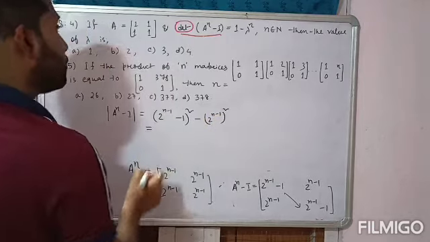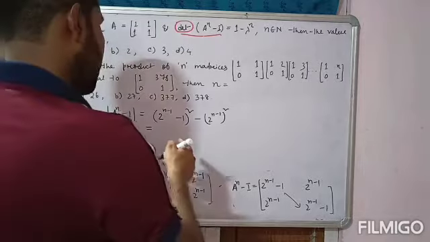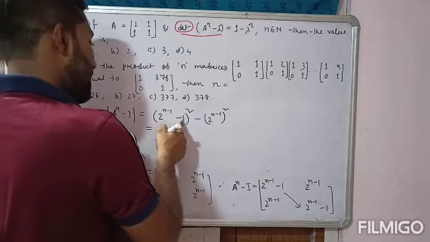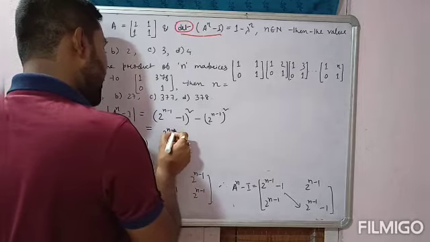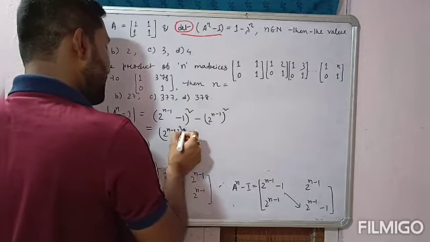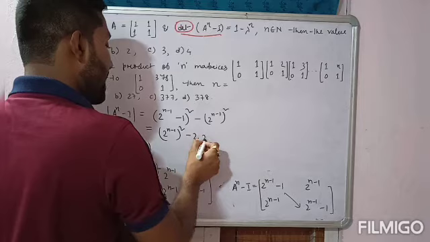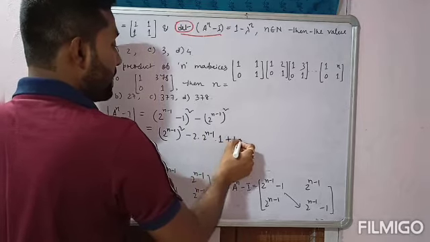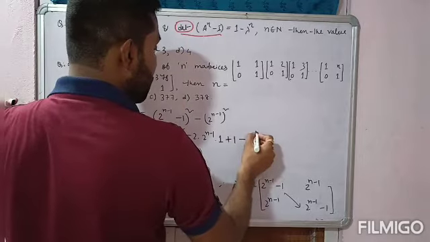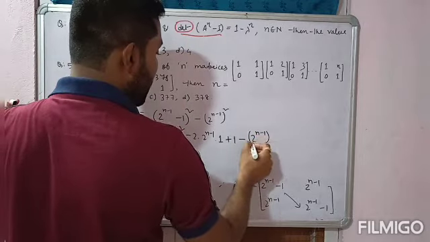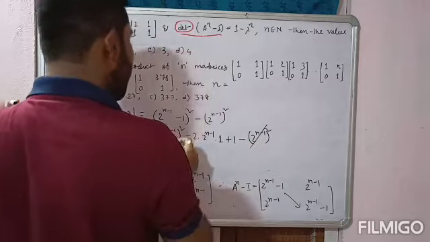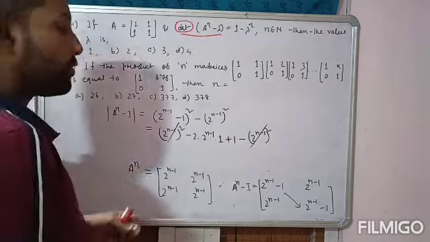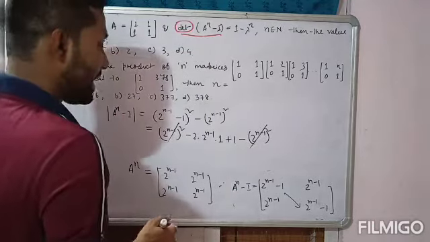So this is equal to, now expand it, it is just like a minus b whole square, a square minus 2ab plus b square minus 2 to the power n minus 1 whole square. So minus of 2 to the power n minus 1 whole square plus of 2 to the power n minus 1 whole square will be cancelled.